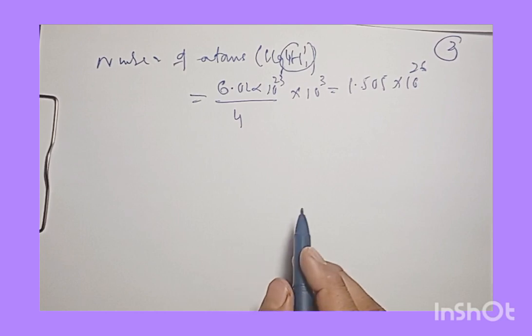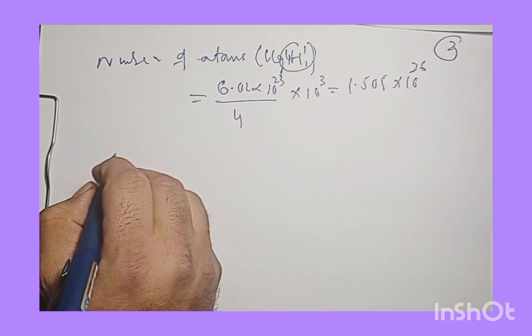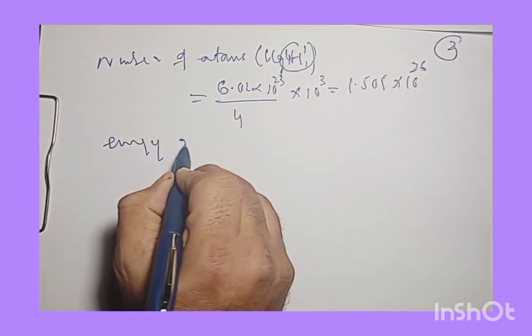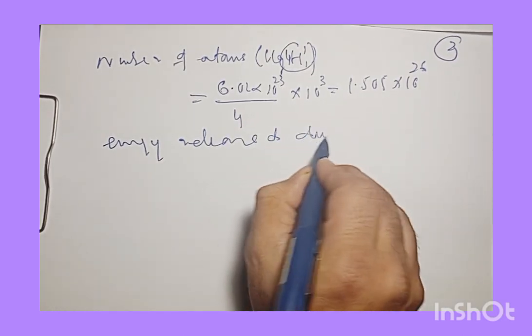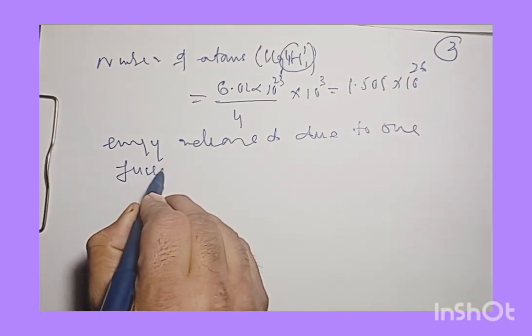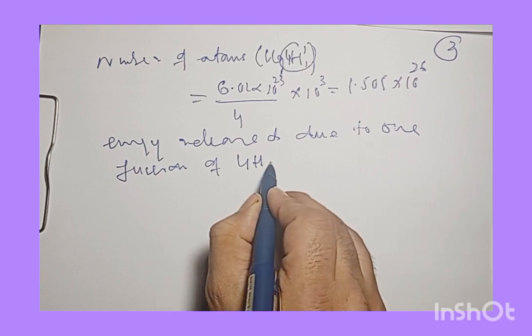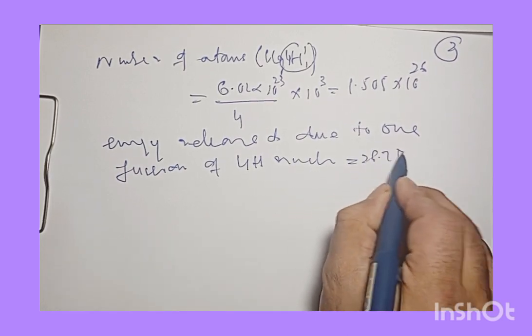Now we can calculate the energy released. The energy released due to one fusion of 4 hydrogen nuclei is equal to 26.7 mega electron volts.